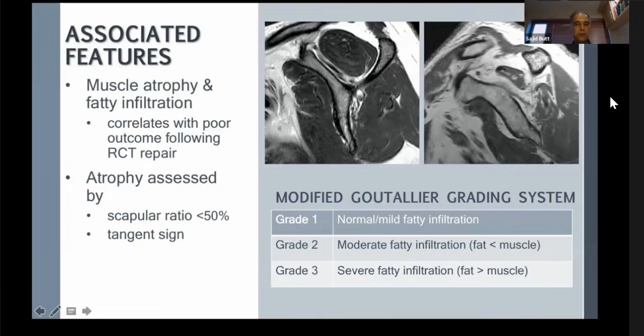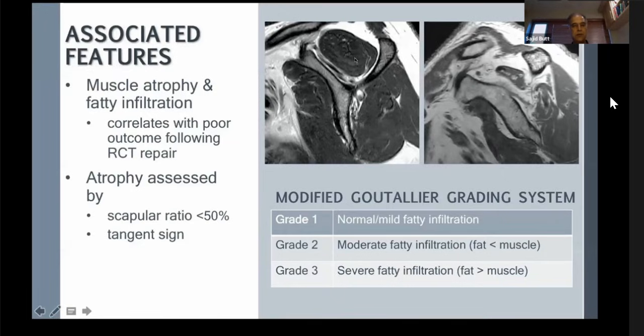Some people say that you draw a line from the front of the scapular blade to the back, and bits of supraspinatus should be protruding above this line. So that's the tangent sign. But some people say that you just tend to see how much of the supraspinatus fossa is covered by muscle and how much is covered by fat.